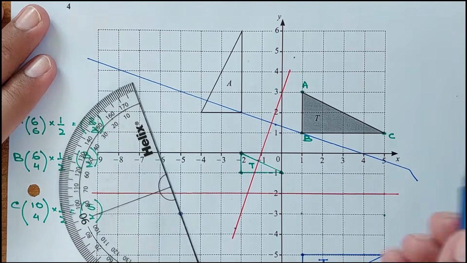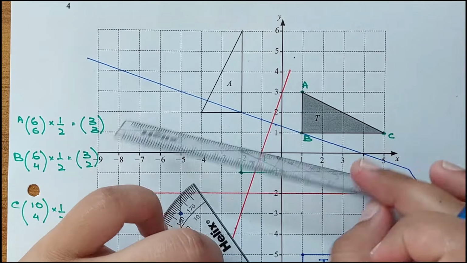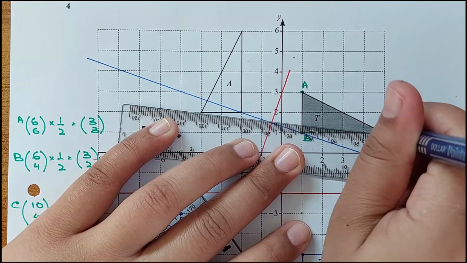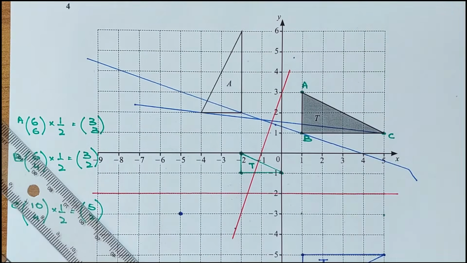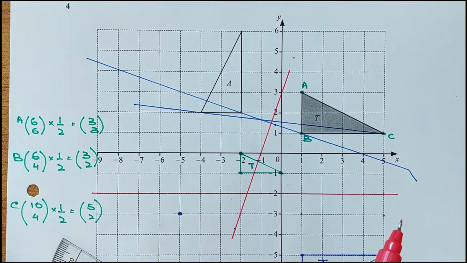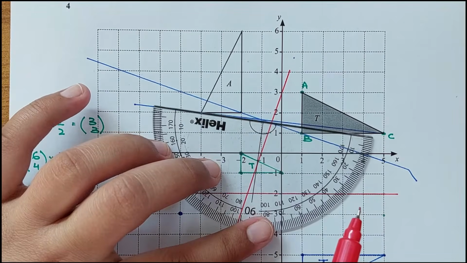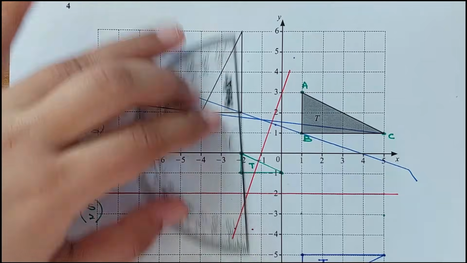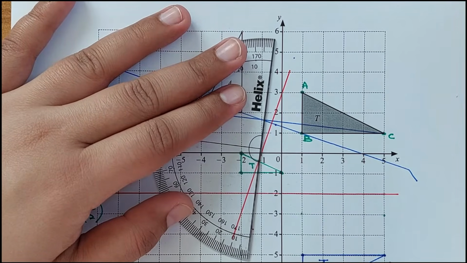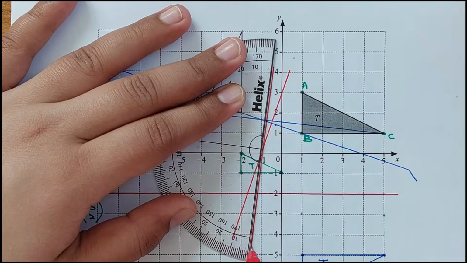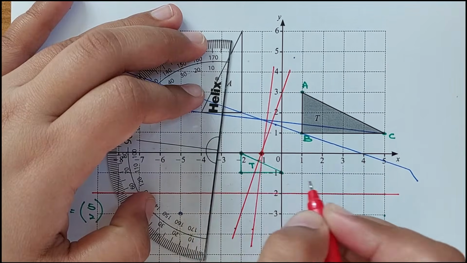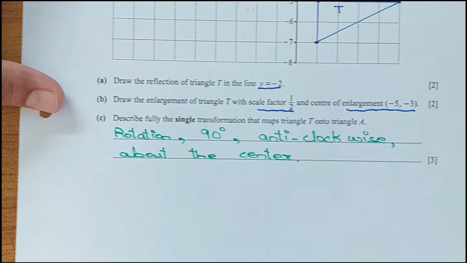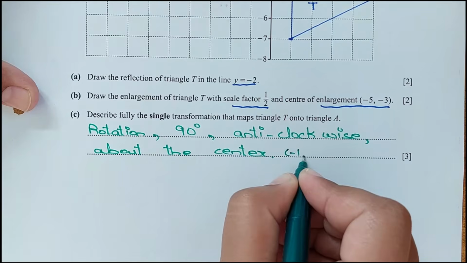Let me connect the second coordinate, connecting C with C and drawing its perpendicular line. As you can see, the perpendicular line passes through this point, minus 1, 0. So that is the center of rotation. The center of rotation is minus 1 and 0.